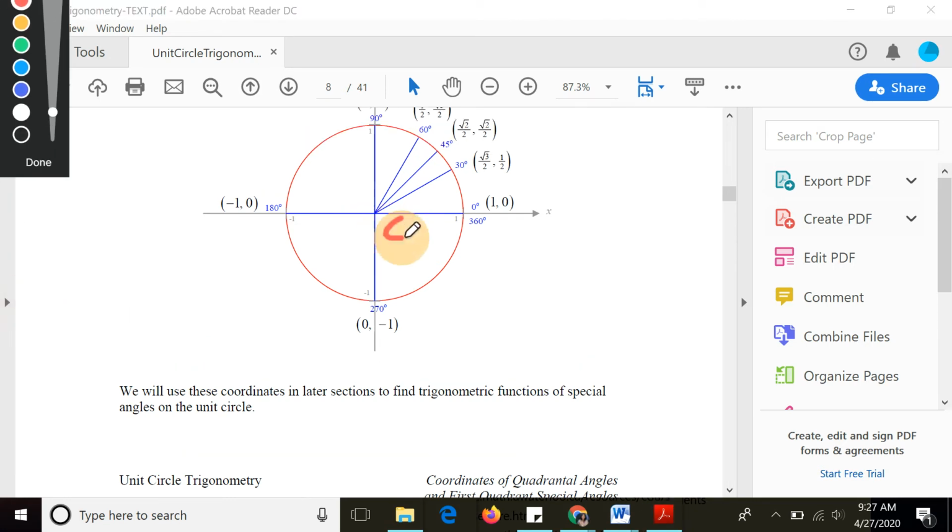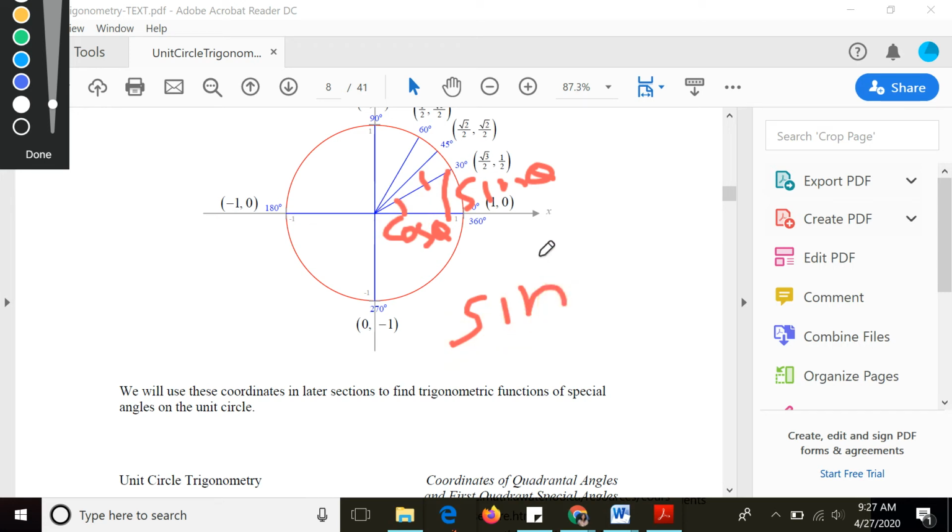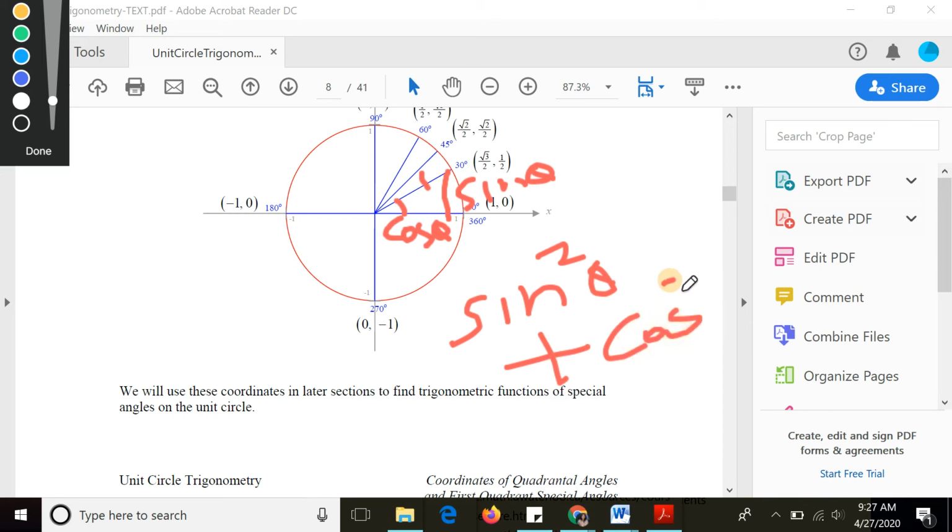If this one is cos theta and this one is sine theta, because I have to draw a line here, this is sine theta, and we know that this is a unit circle, and using Pythagoras theorem, I can derive that sine square theta plus cos square theta is equal to 1. So sine square theta plus cos square theta is equal to 1.